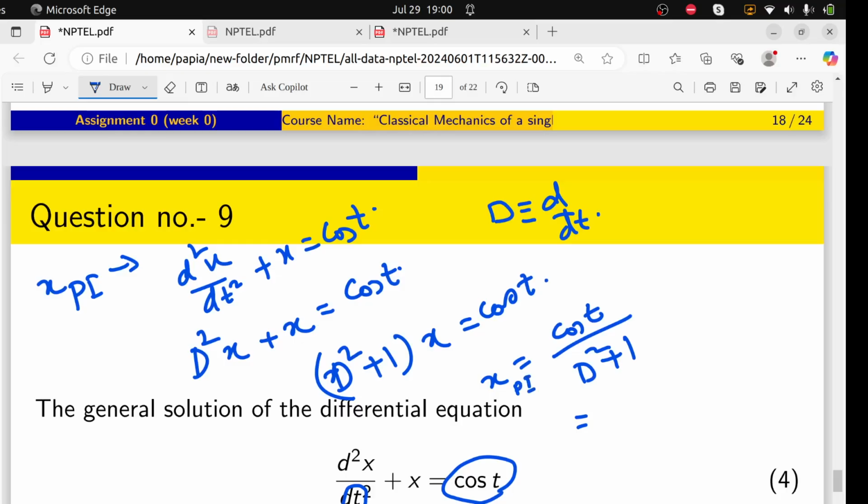Okay. So if it is cos t or sin t, then what we have to do? The coefficient of t here is 1. So D² will be replaced by minus a² if it is cos at.